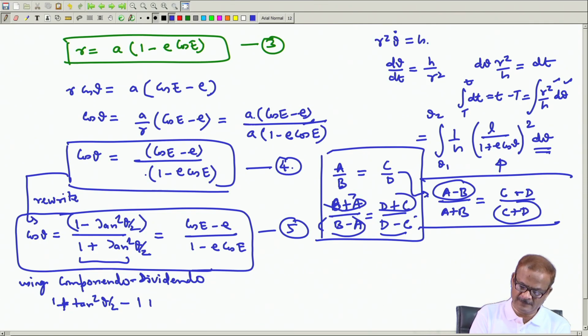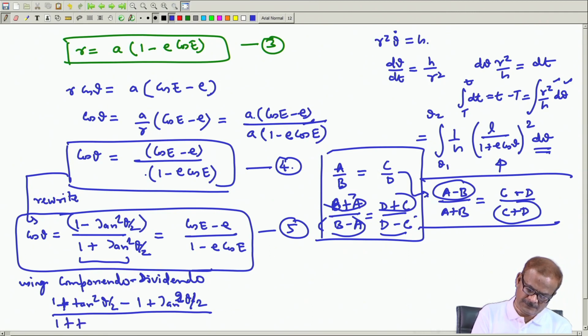So, this way we will have here tan square theta by 2 divided by 1 plus tan square theta by 2. Once we have subtracted in the numerator, in the denominator we will add.